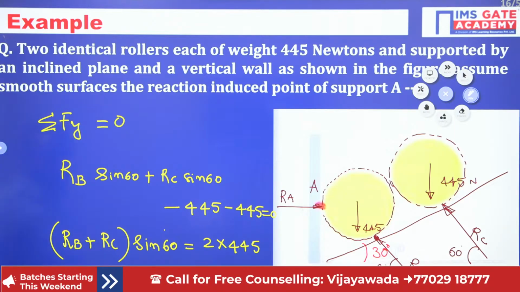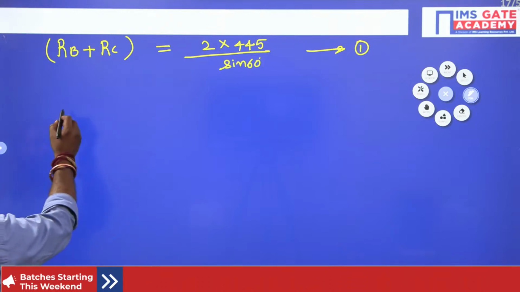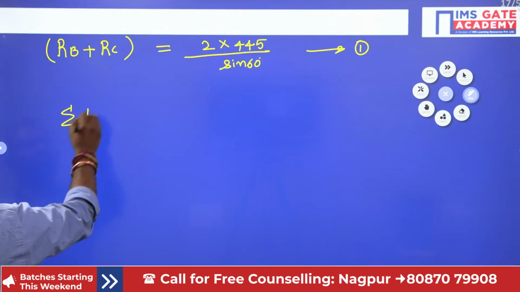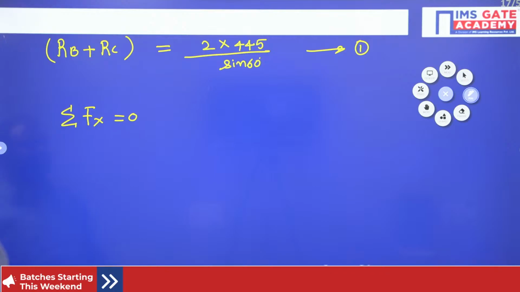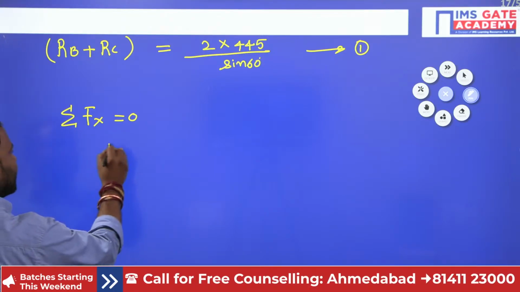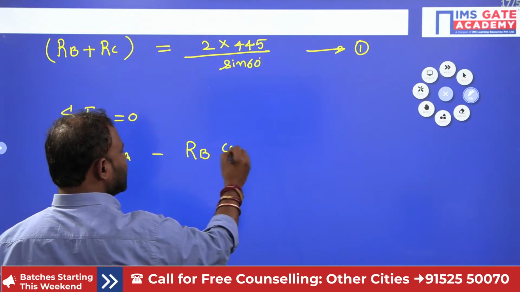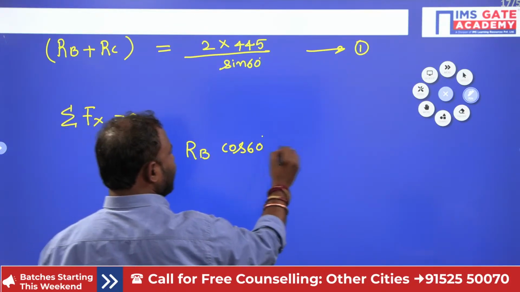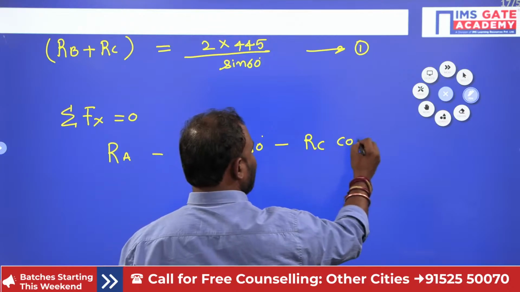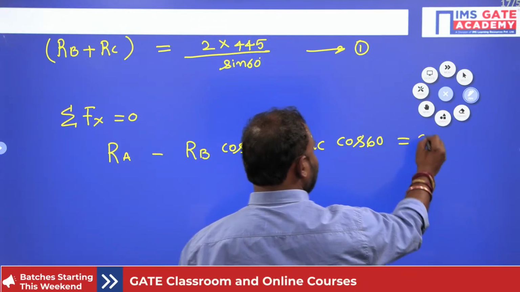Now here sigma Fx equal to 0, then it is RA minus RB cos 60 minus RC cos 60 equal to 0.